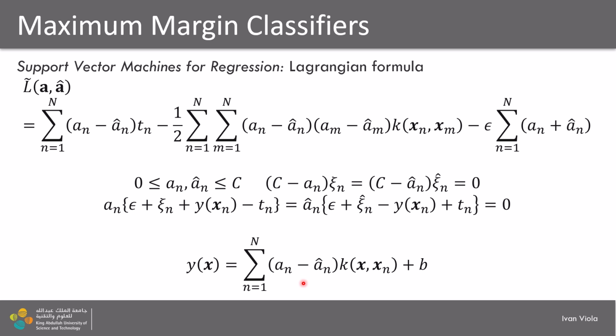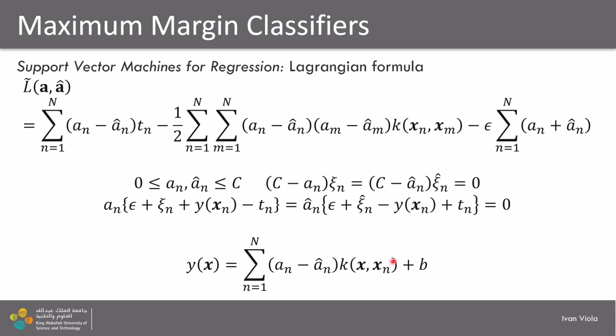Now, in this case, we can hold on a little, because this formulation is going through all the points which constitute our training set. However, this is not necessary, because for many of these points the a_n will be 0, and therefore this whole term will be 0.